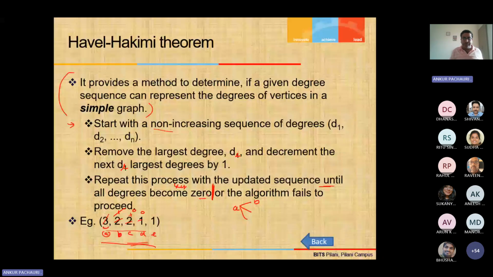But if the algorithm fails to proceed, that means not a correct sequence. So by this way, you can check the correctness of the given degree sequence of the graph.